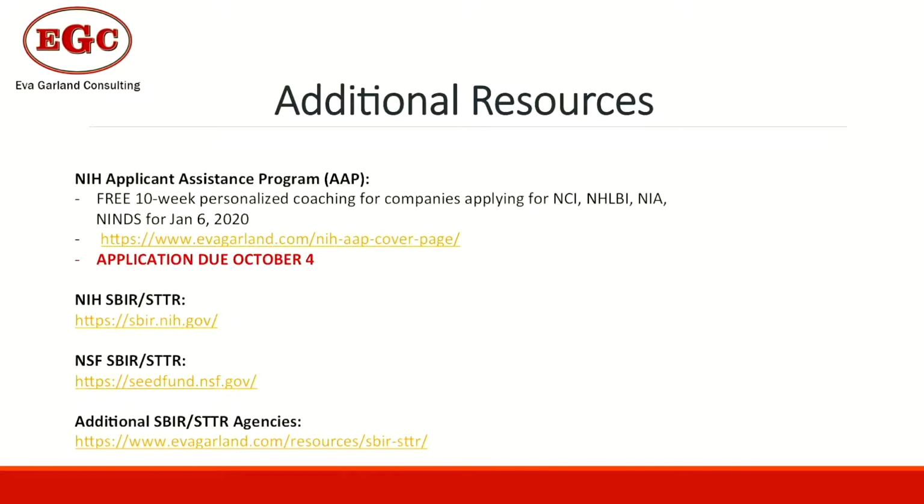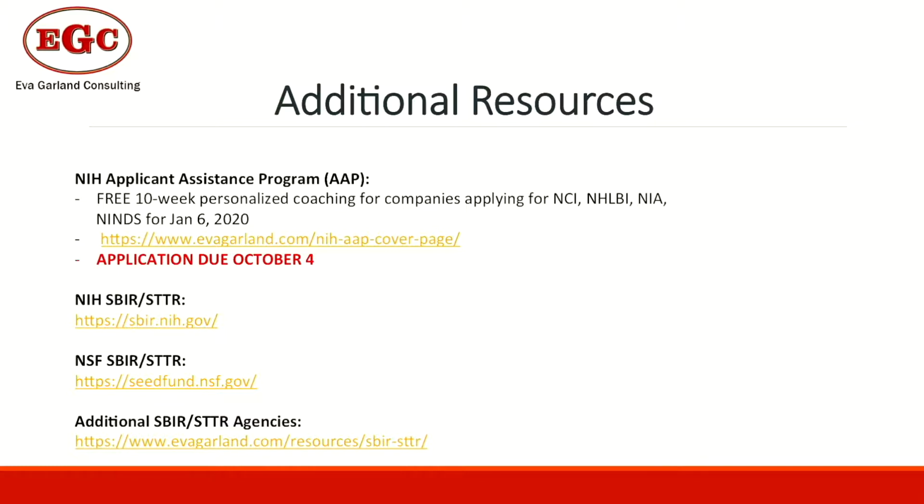We just got a contract with the NIH for this applicant assistance program called the AAP. This is a free 10-week personalized coaching for companies applying for the NCI, the National Cancer Institute, NHLBI, Heart, Lung, Blood, National Institute of Aging, and NINDS, the Neurological Disease and Stroke.